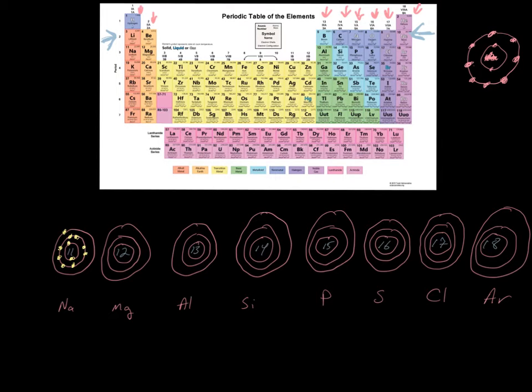Aren't these 10 here the same as neon? Their electron configuration, aren't they? Doesn't this inner part of sodium have the electron configuration of this noble gas? Well, it turns out all of these do.